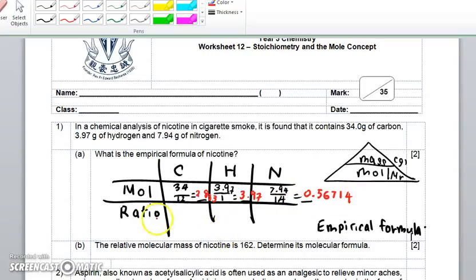Finally, how do I find the simplest ratio? I divide it by the smallest number. In this case, the smallest mole number is this. So everything is divided by that, and I have to show the step.